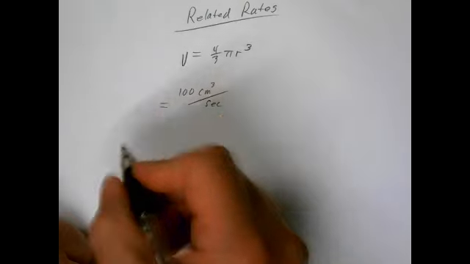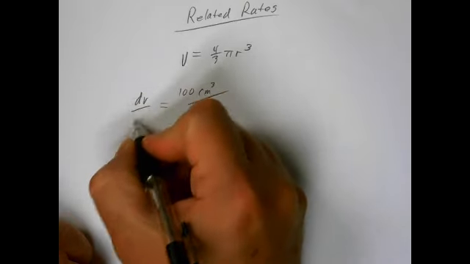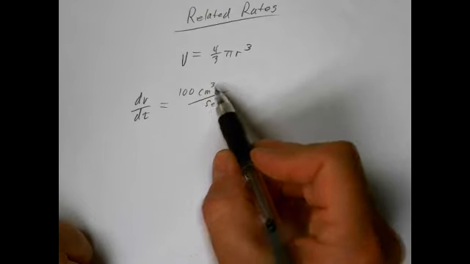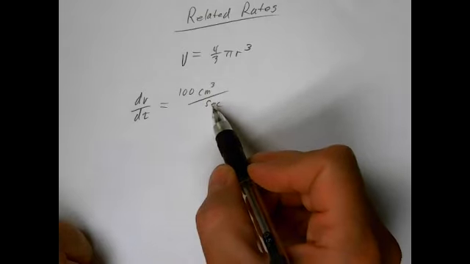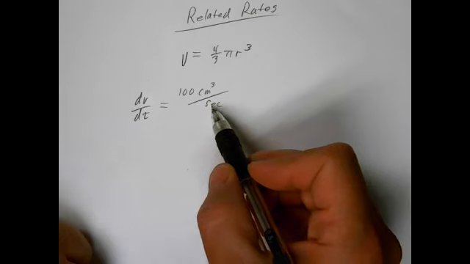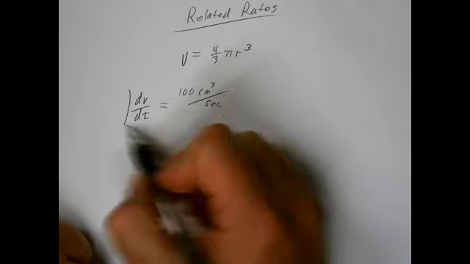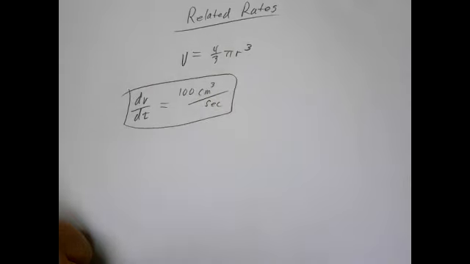So we know that this is a dV/dt because there's a rate of change of volume on top over a rate of change of time. So if air is being pumped into a balloon at 100 cubic centimeters per second, then what you know is dV/dt, the rate of change of volume with respect to time.